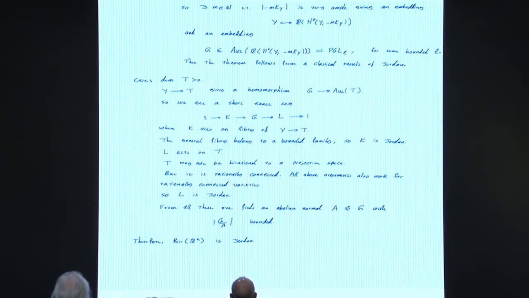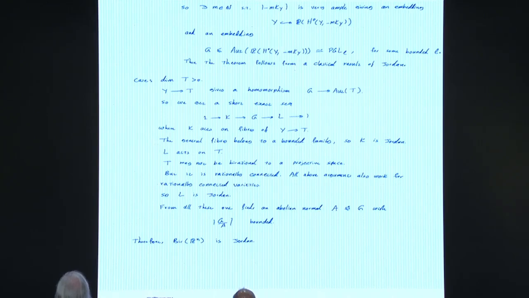Now, since you have a bounded family, the dimension of this projective space will be universally bounded. And moreover, you can embed G into the automorphism group of this projective space. But we already know that the automorphism group of this projective space is PGL of something, for some number. But that number now is bounded. It cannot be arbitrarily large.